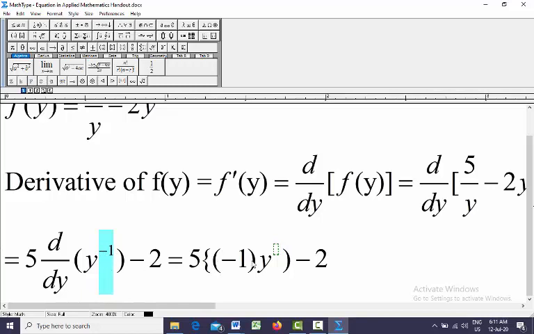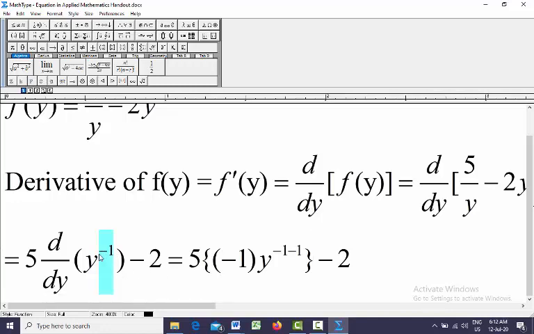That means this power will come down, and you need to write this power first, and then power will be deducted by 1. Power will be deducted by 1. I'm saying again, this is a new formula.